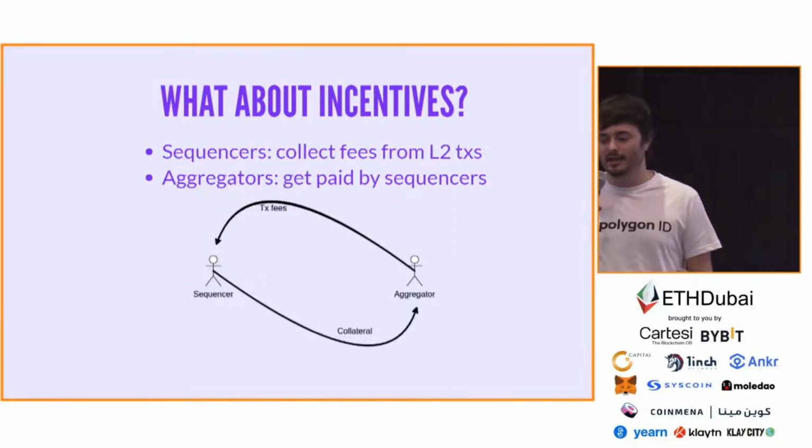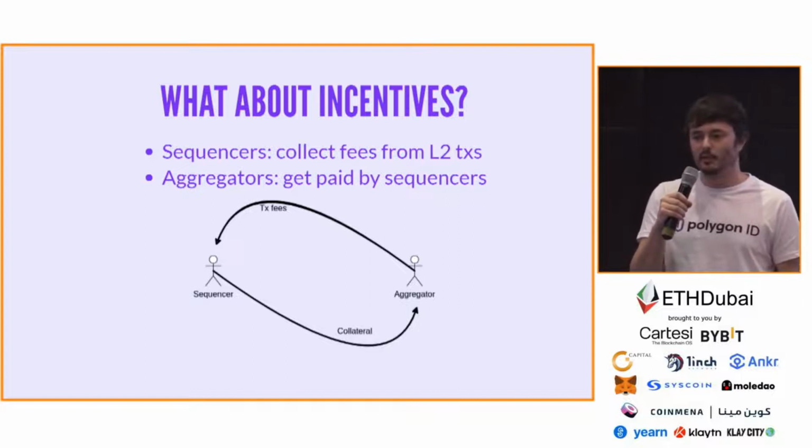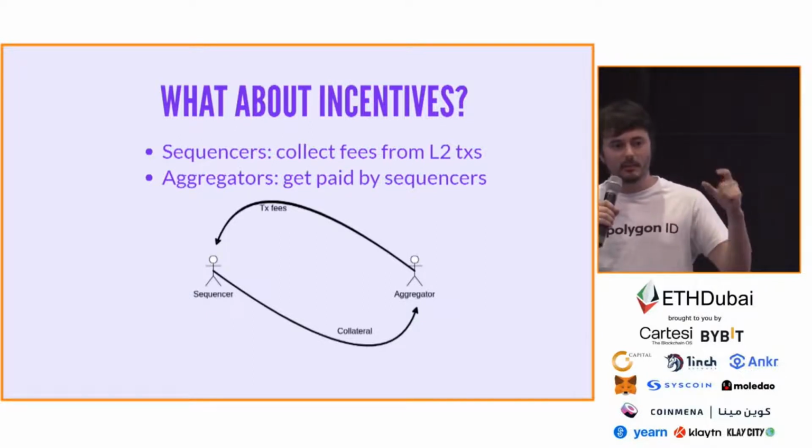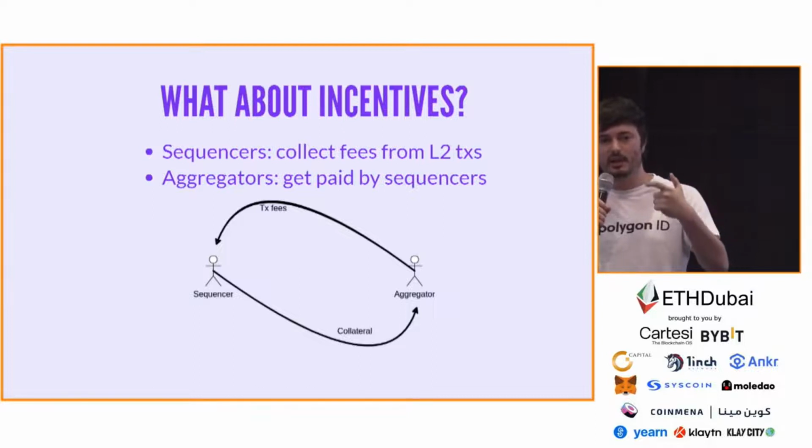But then, what's in it for the aggregators? Well, the sequencers have to pay a collateral, which is a reward that will be collected by aggregators later on when they consolidate the proofs. And here what we aim for is, we don't have the final formula yet, but the idea is that the more unconsolidated batches there are, the more expensive this collateral is.